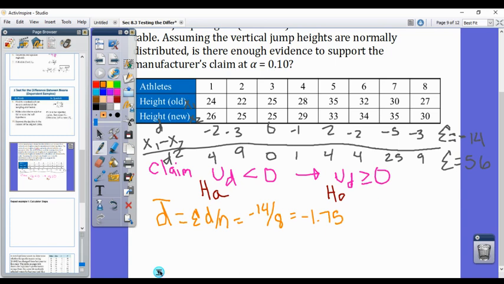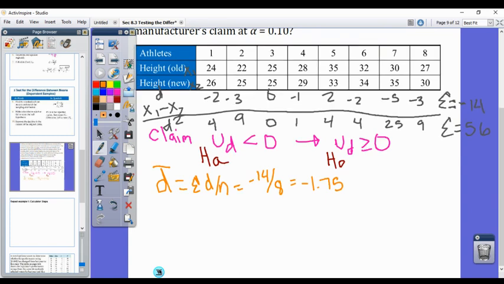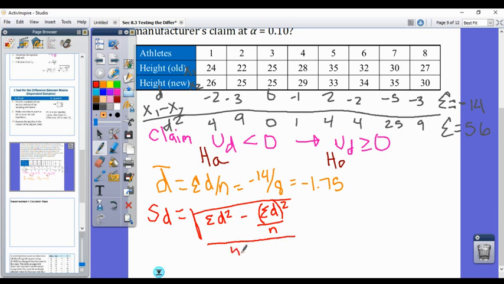The next thing I'm going to do is calculate my standard deviation. I'm going to use that second formula that was on the list. So the square root of the sum of d squared minus the sum of d, squared, divided by n, all divided by n minus 1.